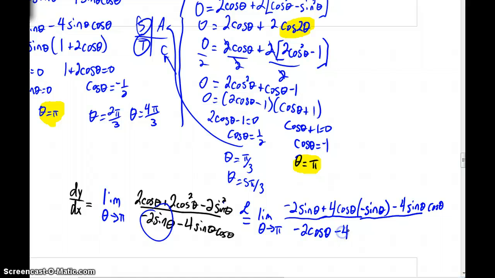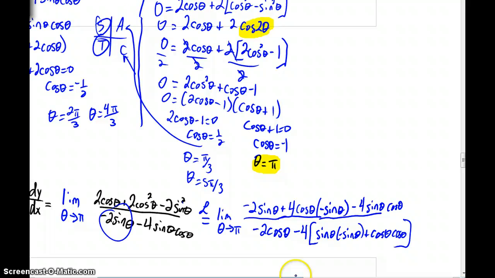I'm going to leave this negative 4 out. This would be sine times negative sine of theta with the product rule. And then we could say plus, well, the derivative of sine is cosine, and then we'd have another cosine over here. But look, when you plug in a pi to the top, sine of pi is 0.